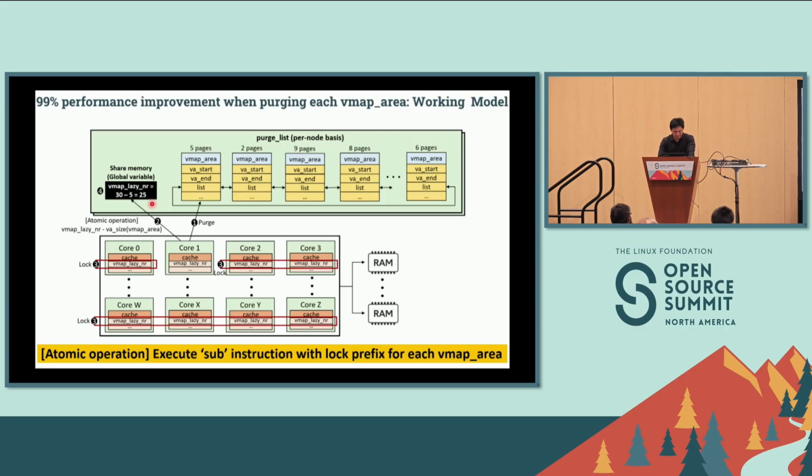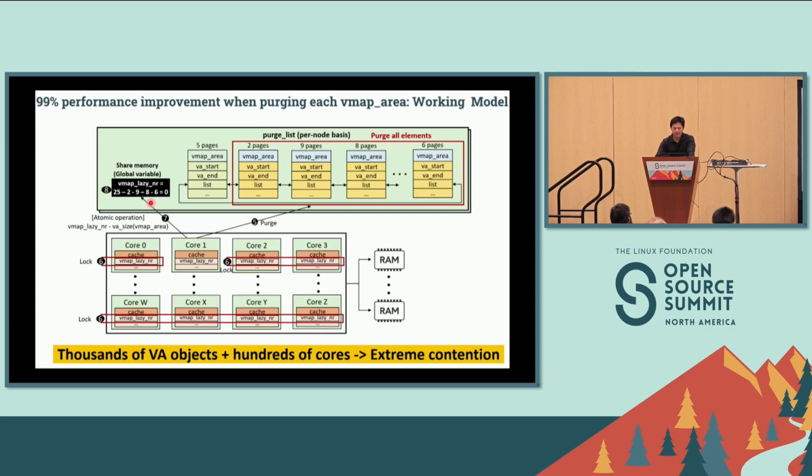So when we purge the first VA object in this list, this global counter becomes 25. Each core iterates its purge list and executes the atomic instruction. Finally, the global counter becomes 0.